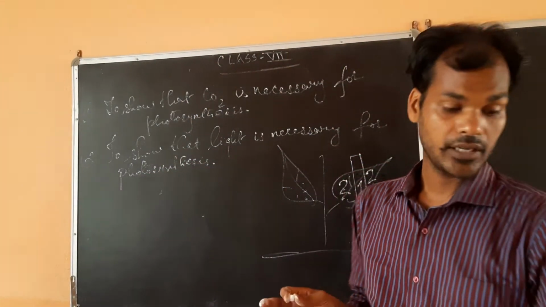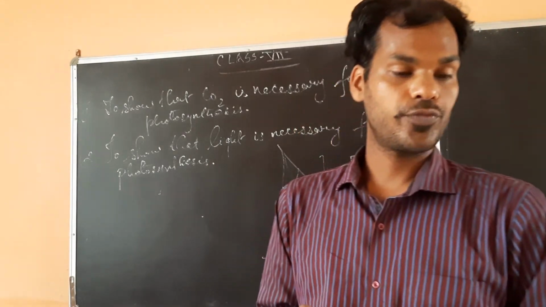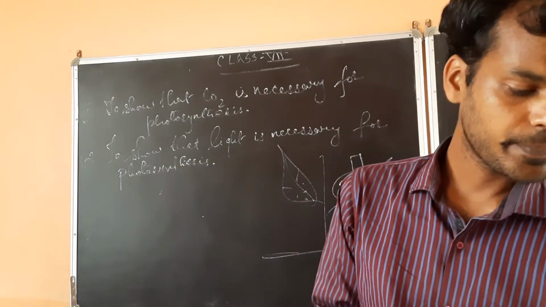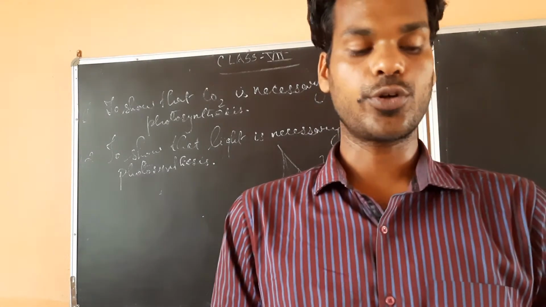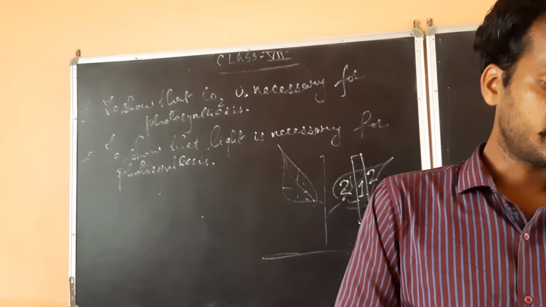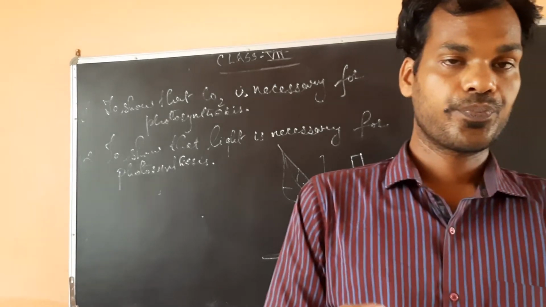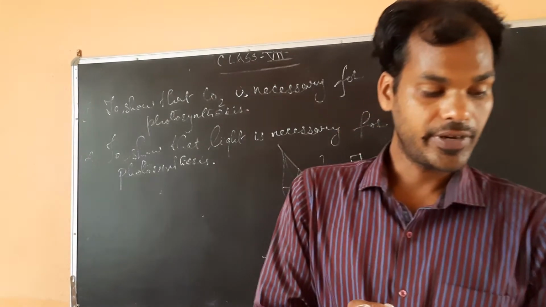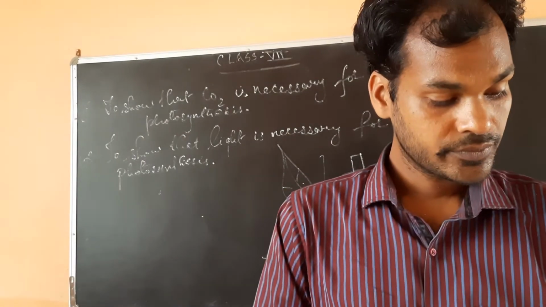Okay, then another experiment is there to show that chlorophyll is necessary for photosynthesis. Here what we have to do, we have to take one de-starched croton plant, then beaker, test tube and all. First, we have to take the plant having a variegated leaf, either croton or coleus leaf.